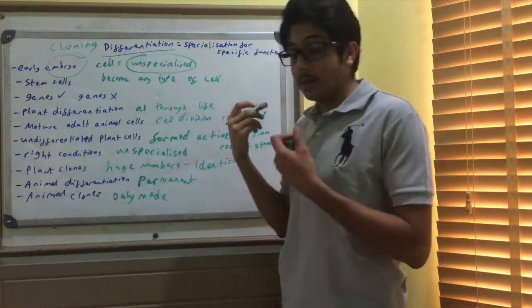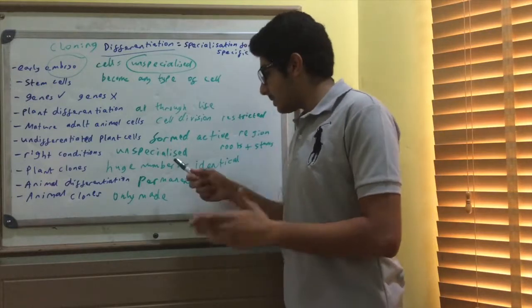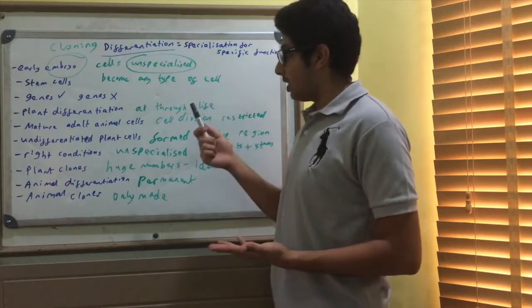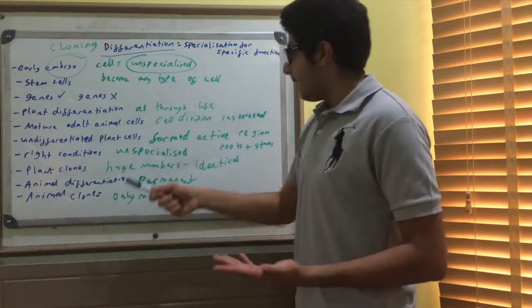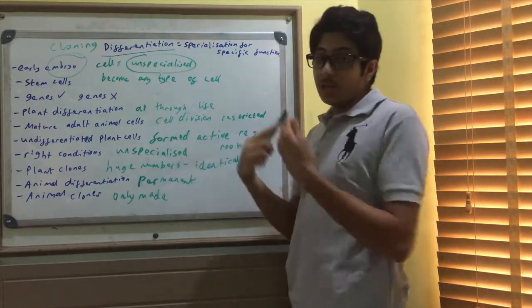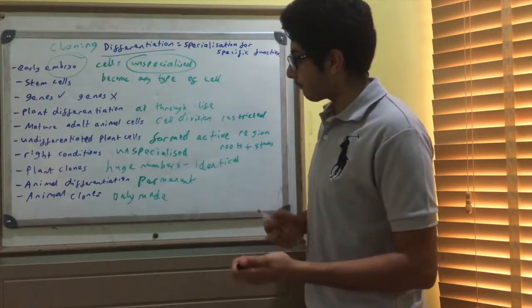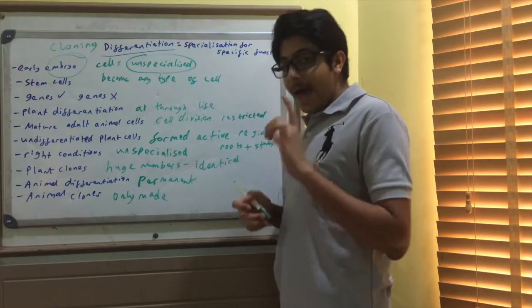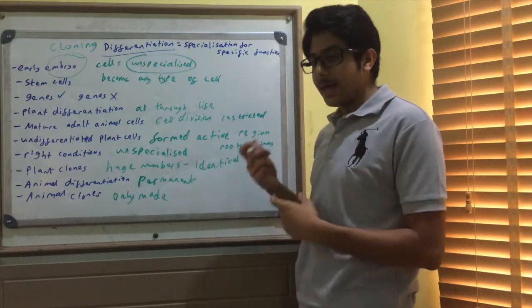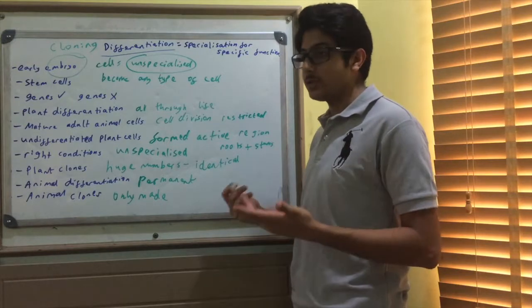And unlike animals, in plant cells, specialization or differentiation takes place all through life, and they can unspecialize in the right conditions. However, you can make an embryo from an adult cell, but still, it's restricted.